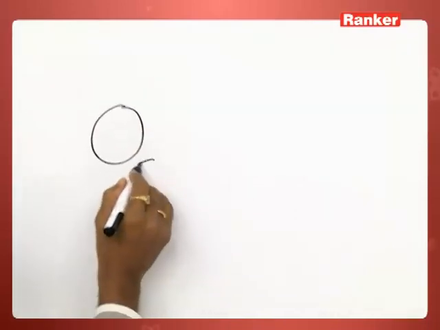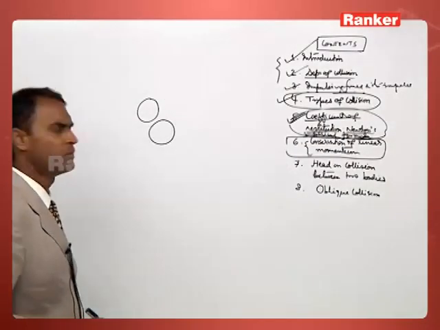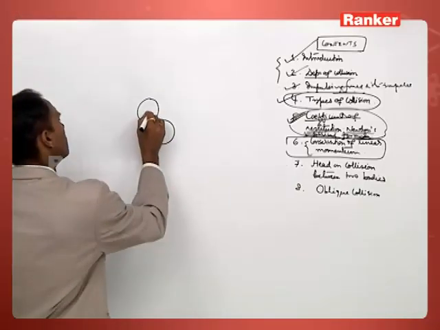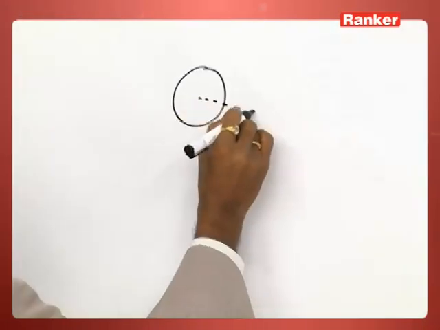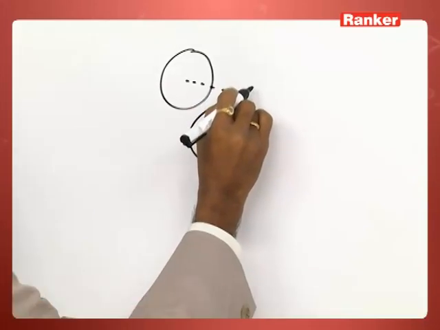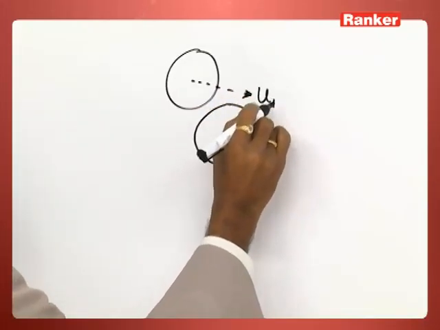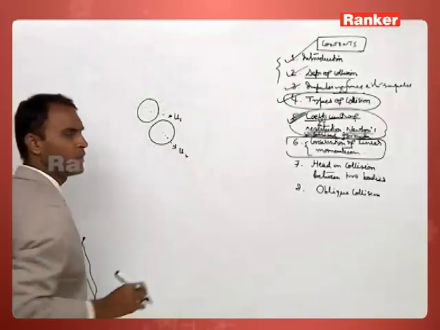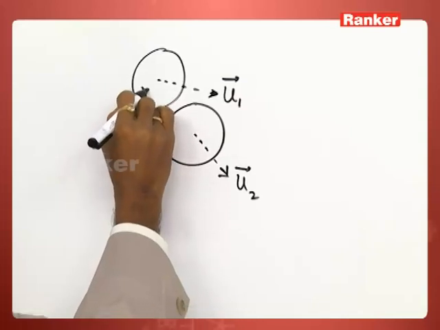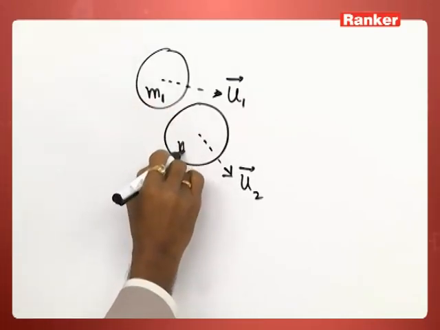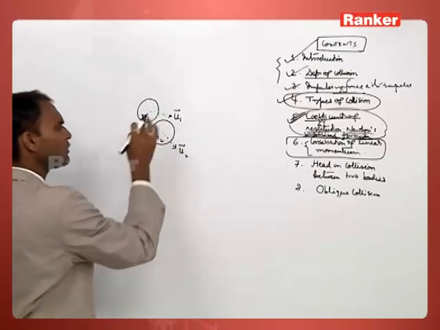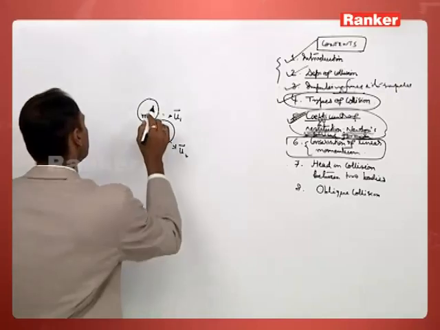If you take 2 balls moving in arbitrary directions with velocities u1 and u2 respectively, bearing the masses m1 and m2 respectively, just before the collision.